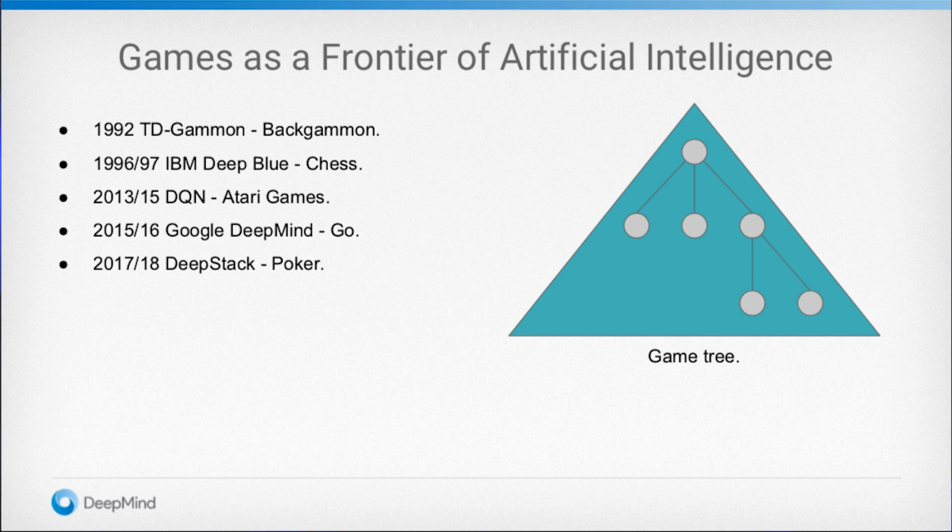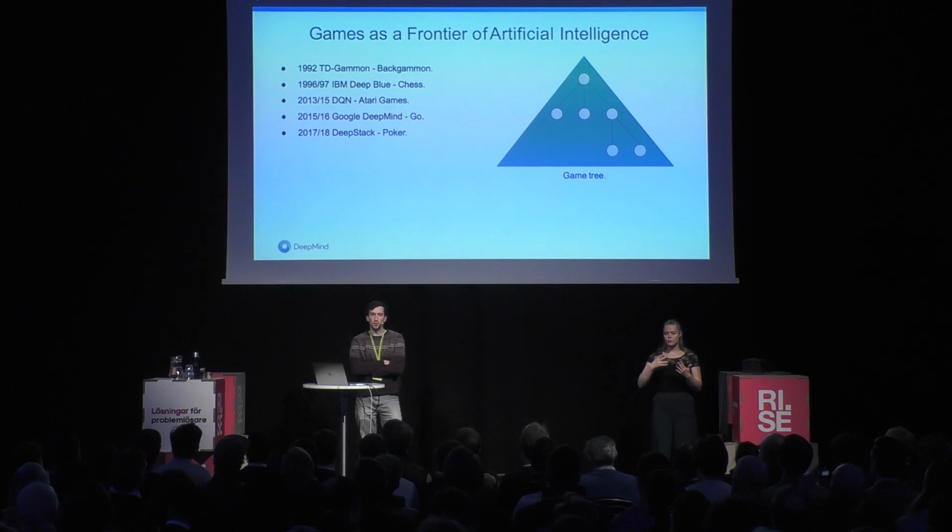And as you can see up there, you have a list of some remarkable milestones throughout the history, where these results were either, for the first time, computers were able to beat us as humans in some of these games, but also the results presented here bring something new, some new ideas, new algorithms, and we will have a look at what's the new thing that DeepStack brings.